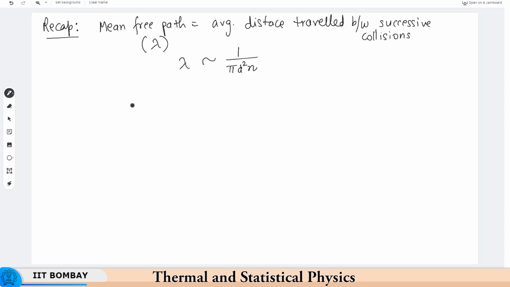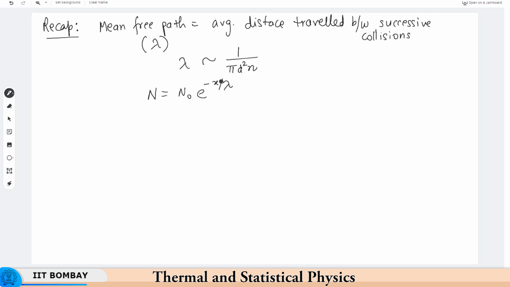Later on we also saw how these typical free path distances are distributed: n equals n0 e raised to the power minus x by lambda, where n is the number of gas molecules which avoided collisions after travelling a distance x. These distances are exponentially distributed, so it's exponentially unlikely for a gas molecule to avoid a collision after travelling a certain distance x.